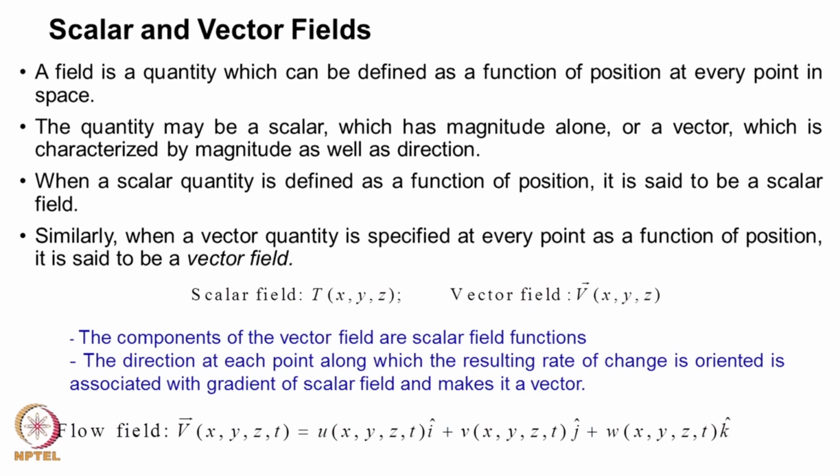So, for a flow field, the velocity vector v is a function of spatial coordinates x, y, z and also of time. You have 3 components u, v, w, and all 3 also vary as a function of x, y, z as well as time. To get back the velocity vector field, you multiply the magnitude with the corresponding unit vectors i, j, k. So, one can obtain the vector field from the scalar field in this way.